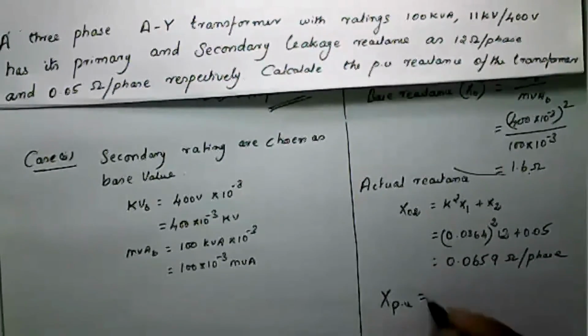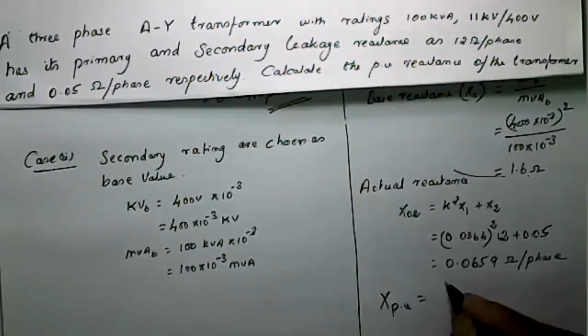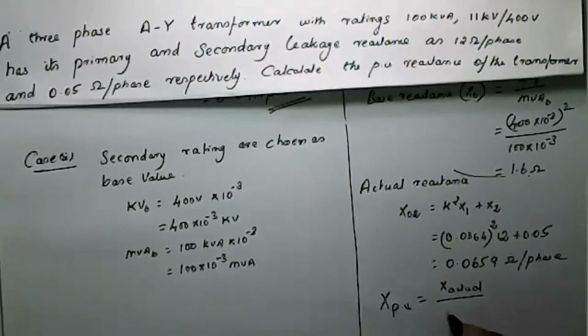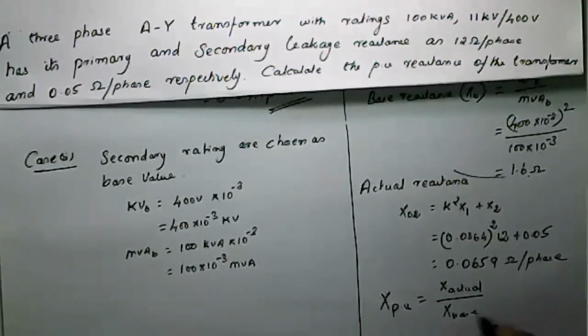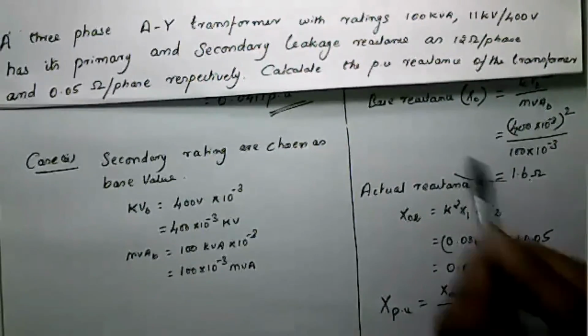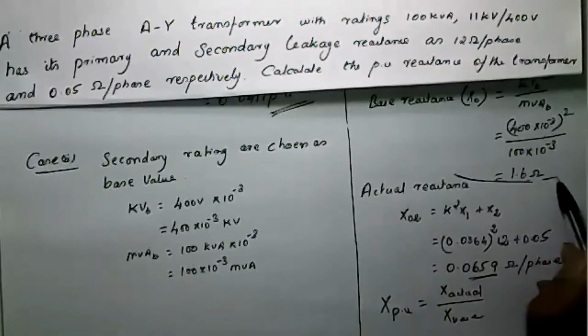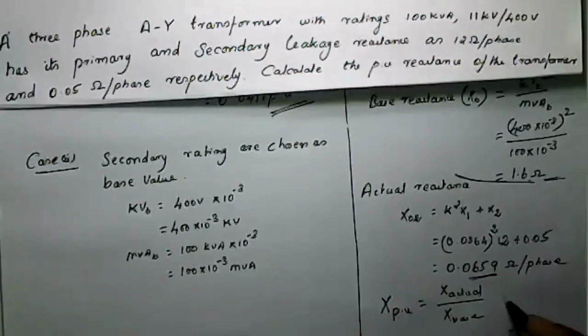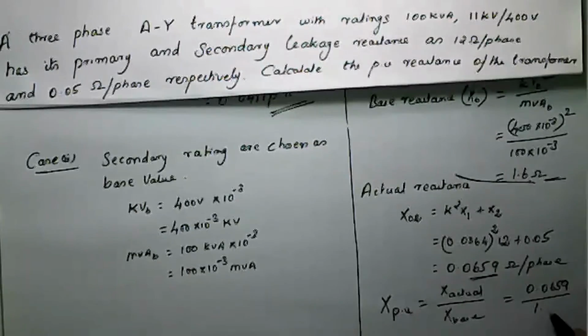Now again find the per unit reactance. X per unit is equal to actual reactance divided by base reactance. This is the actual reactance value, and the base reactance value is 1.6. Substitute here: actual reactance 0.0659 divided by 1.6 is equal to 0.0411 per unit.